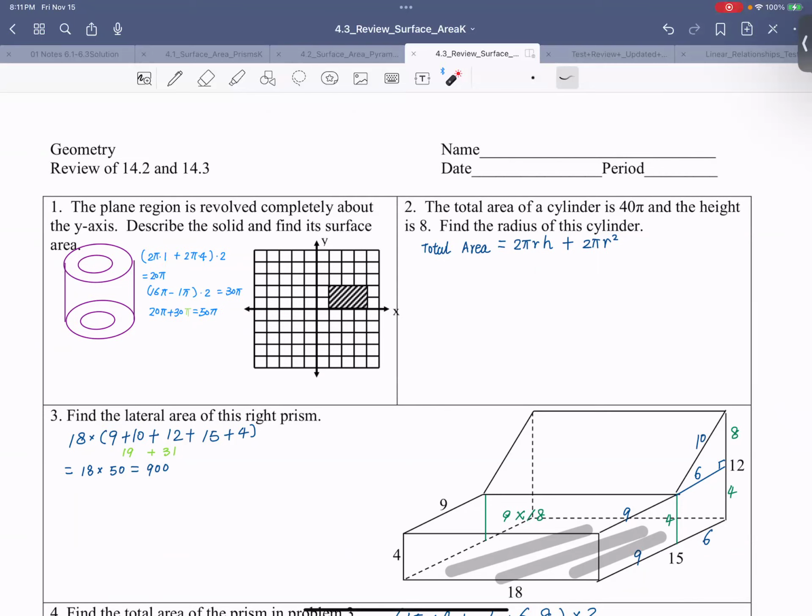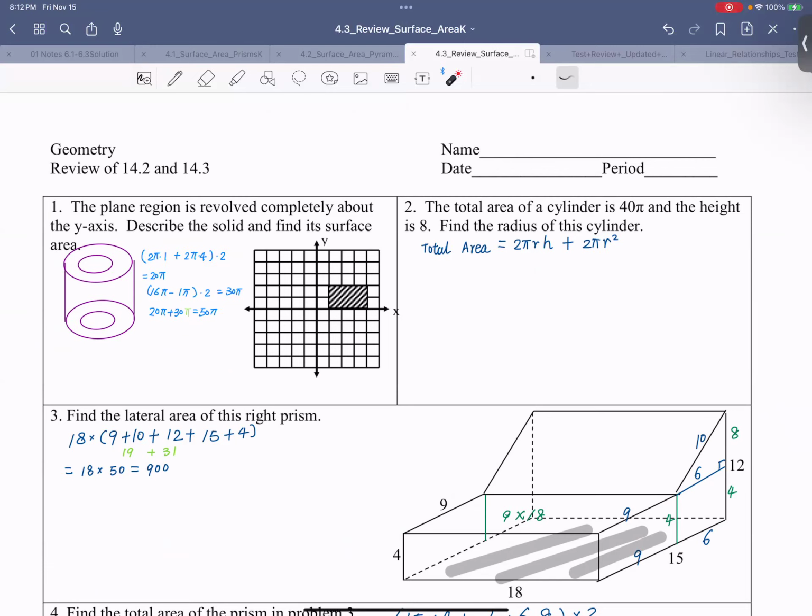Who finished? Good job, Chelsea. Very nice.